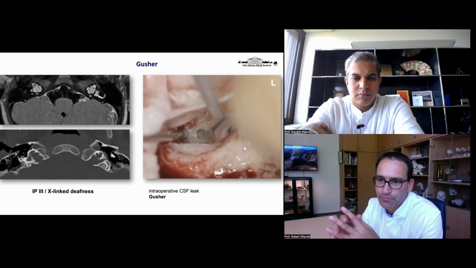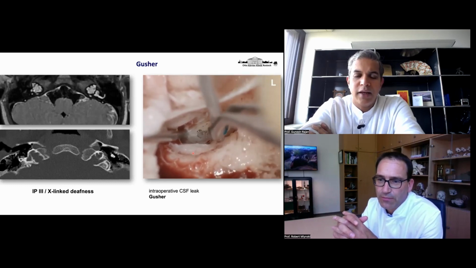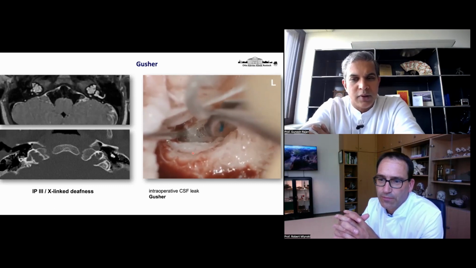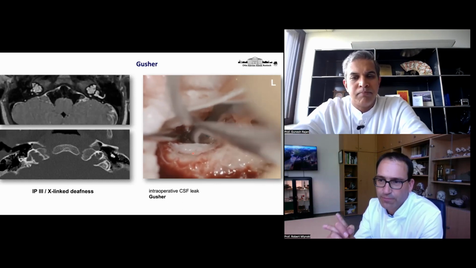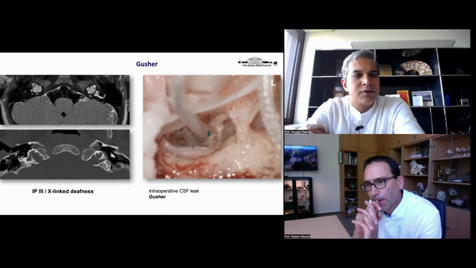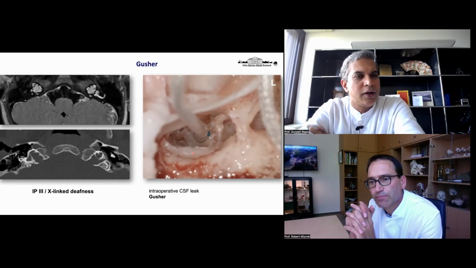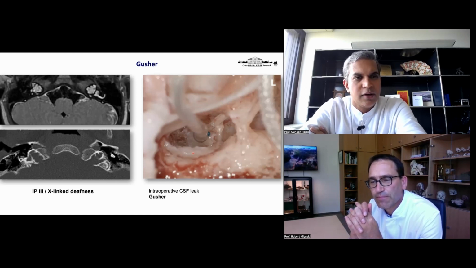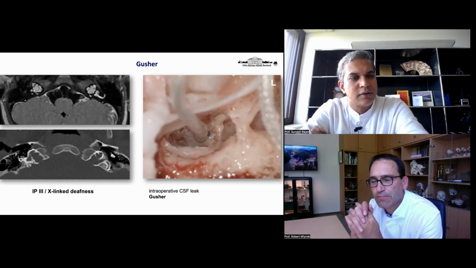I find those test or insertion electrodes really useful in malformations, but also in situations where you have ossification, for example, and you're not sure how far you can introduce the electrode. So using an insertion electrode is very handy in those situations, so you can choose the right electrode to put in afterwards.